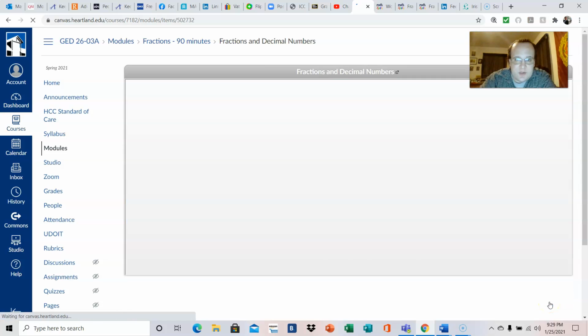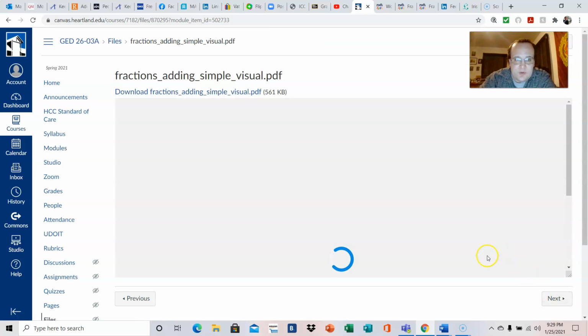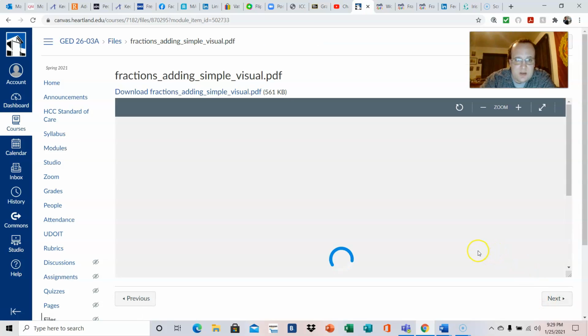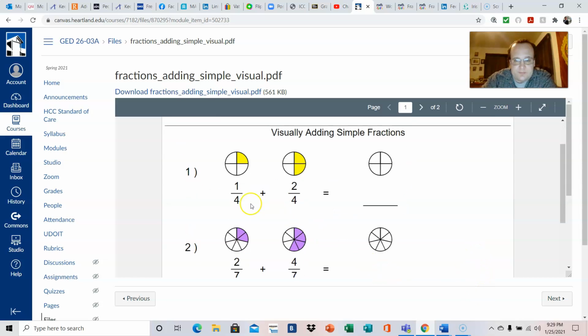And I'll explain the different types of fractions and decimal numbers. You'll do some adding of fractions. We'll get a little more complicated with it, but we need to start out simply and build our skills. So 1 plus 2 equals 3.